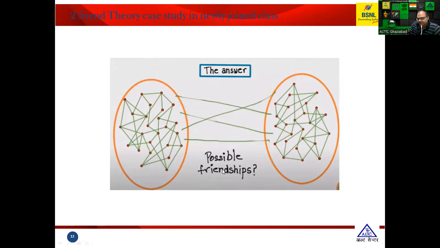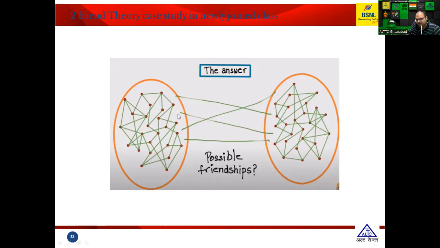Now the question is possible friendships. How many possible friendships can be there? Suppose here Rama is there, here Salma is there, and at one particular moment Rama finds the opportunity to talk to Salma, or Salma gets the opportunity to talk with Rama.